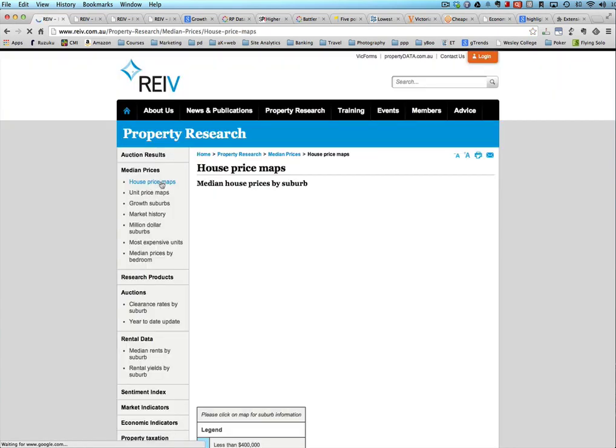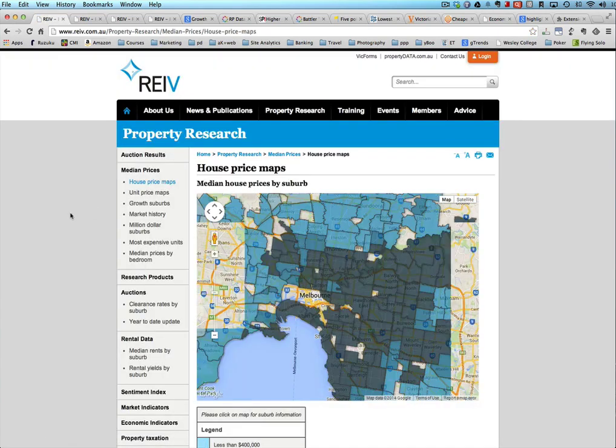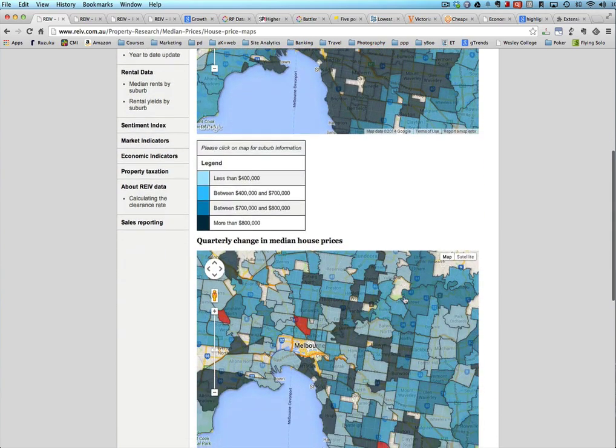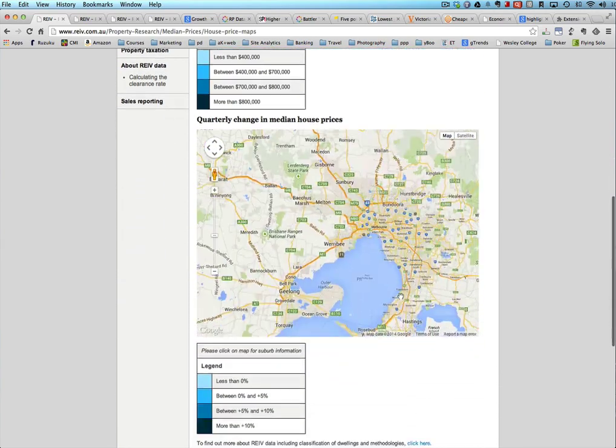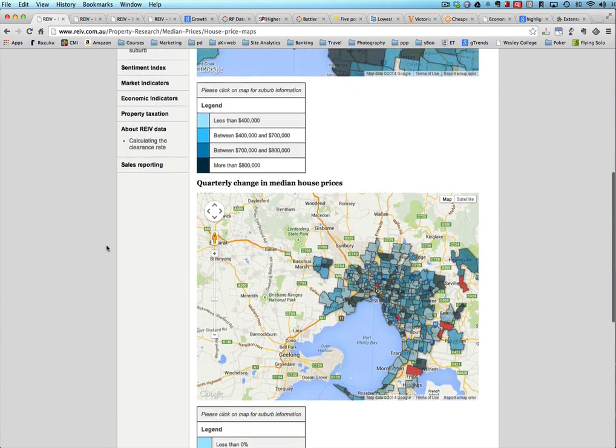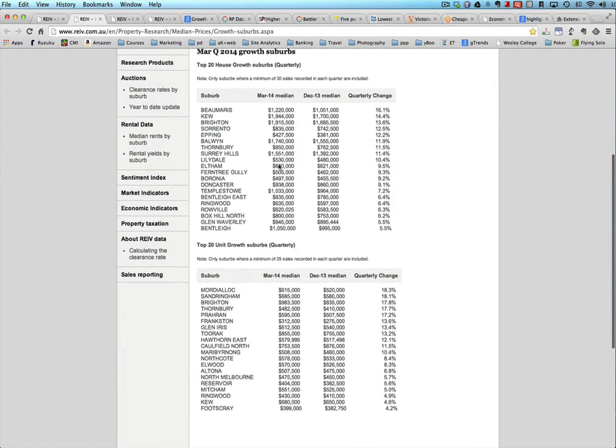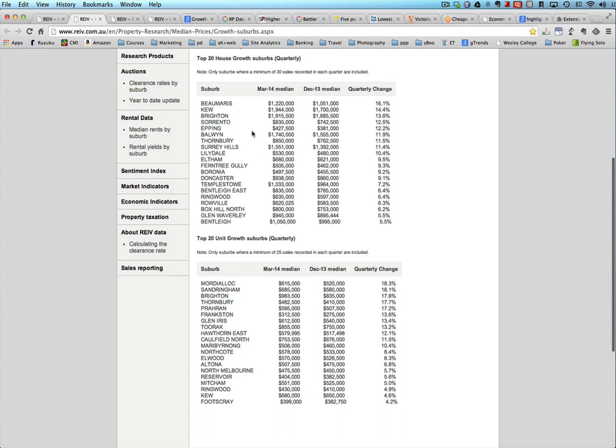But have a look at this website. They've got house price maps, which is really good because they've got some sort of a heat mapping system happening here. Suburbs that are less than 400k and all these different suburbs. So you can have a look at these sites, but if I go back and have a look at these suburbs, they give me a guideline, but they never actually give me the actual suburbs I want to zero in on.